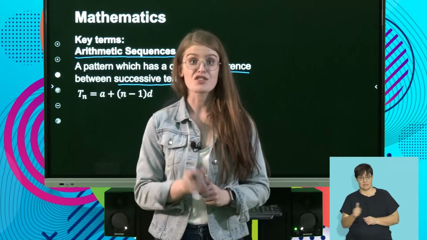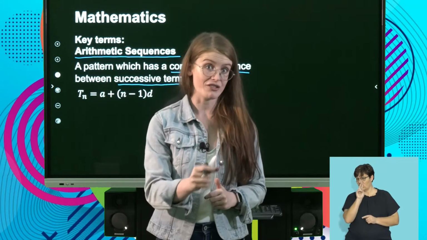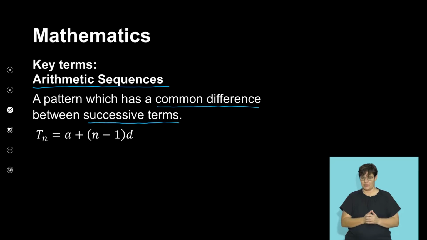Let's remind ourselves of the general form of an arithmetic sequence. Just a reminder everyone, for an arithmetic sequence, the nth term Tn is equal to a plus (n minus 1)d. a represents the value of term 1 and d represents my common difference.